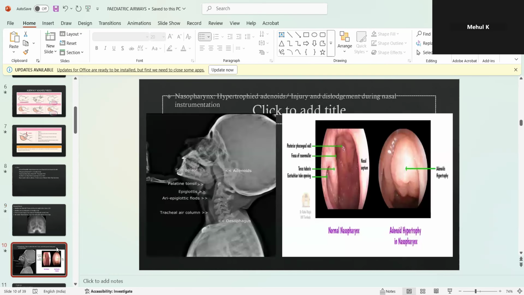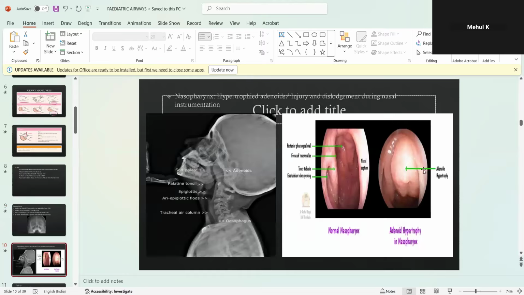The next structure that we're going to encounter as you go distally is the nasopharynx. The important structure that you encounter that might trouble your airway management is a hypertrophied adenoid, the nasopharyngeal tonsil. In this X-ray lateral view, you can see the hypertrophied adenoid, and on nasal endoscopy, this is the posterior pharyngeal wall in the nasopharynx.